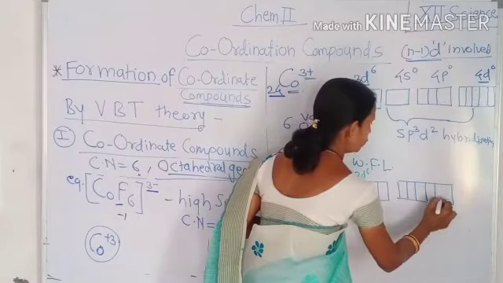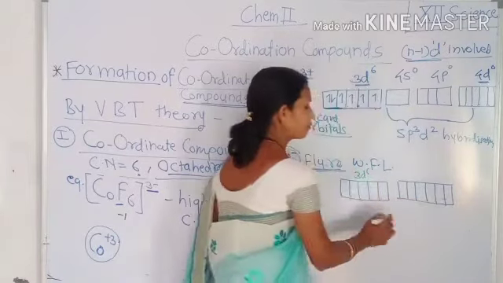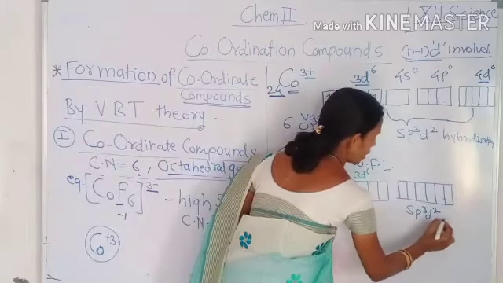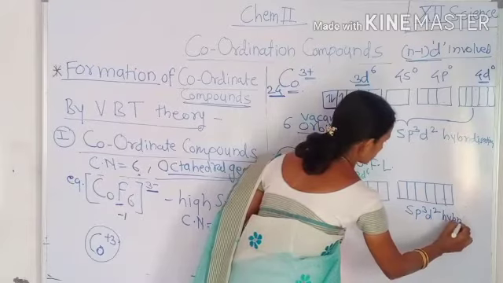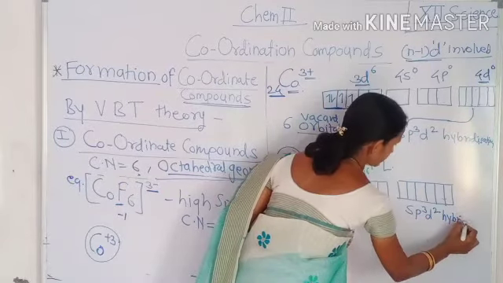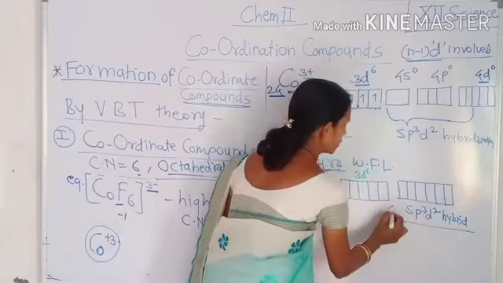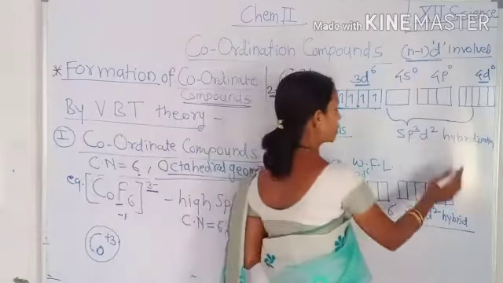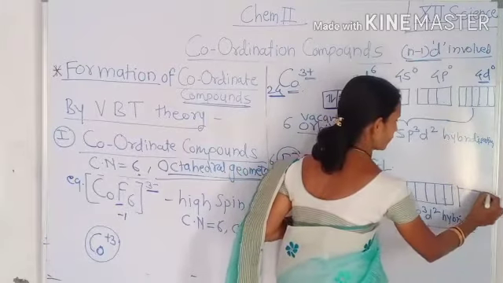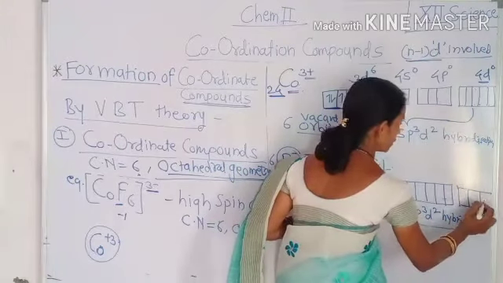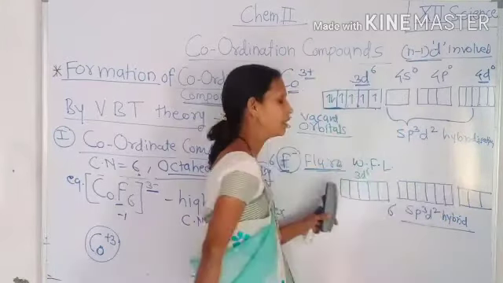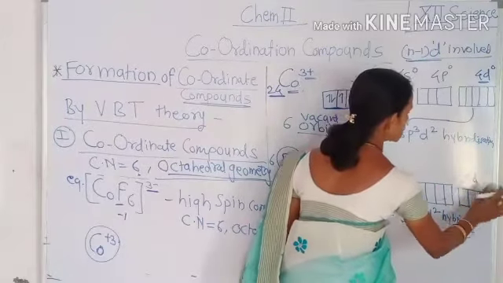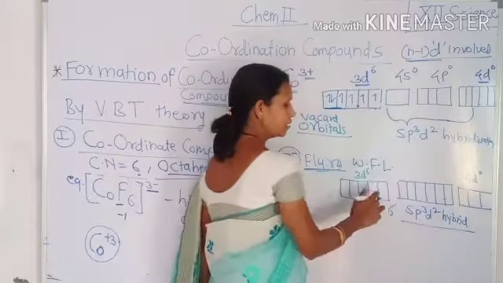So 6 new hybrid orbitals are formed, which are sp3d2 hybrid orbitals. Here the 6 sp3d2 hybrid orbitals of Co3+ are formed, and the unhybridized 3d orbitals remain as they are.